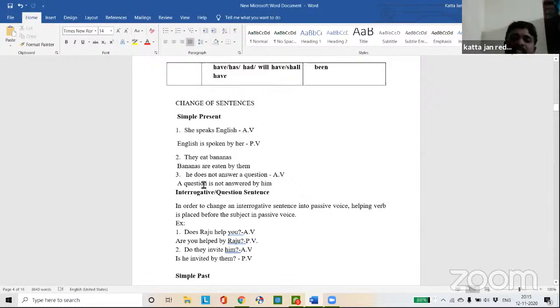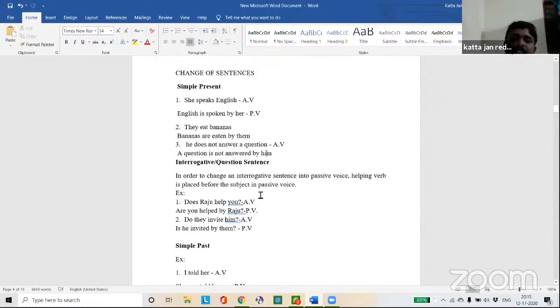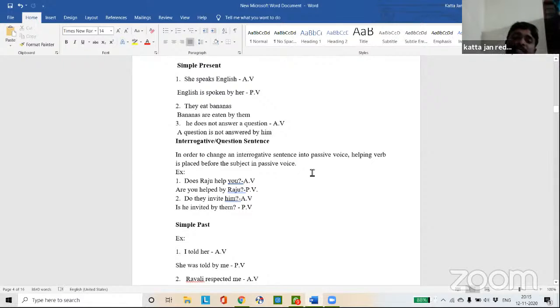Okay. So this is a negative sentence. Now, the interrogative sentence. How do we change an interrogative sentence? In order to change an interrogative sentence into passive voice, the helping verb is placed before the subject in passive voice. In interrogative sentences, the helping verb should be given, right?